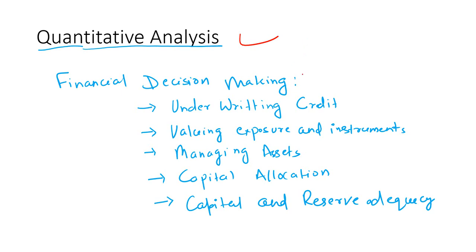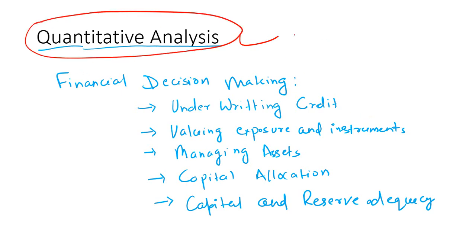So what are the financial decisions that are normally made by using statistical models or mathematical models? A number of decisions are in fact taken using quantitative analysis. By quantitative analysis, we mean quant models, or stats or math models.